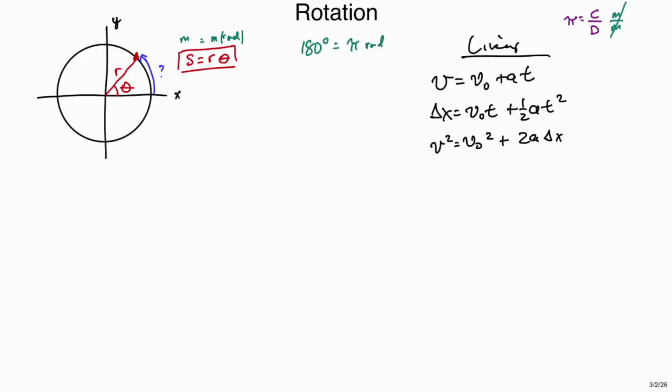Think about arc length and think about the thing that's changing. Yes, I reference this position with both r and theta, but if I'm going to talk about circular motion and this thing moving in a circle, what's the thing that changed? Was it r or was it theta? It's theta that does the changing, right?